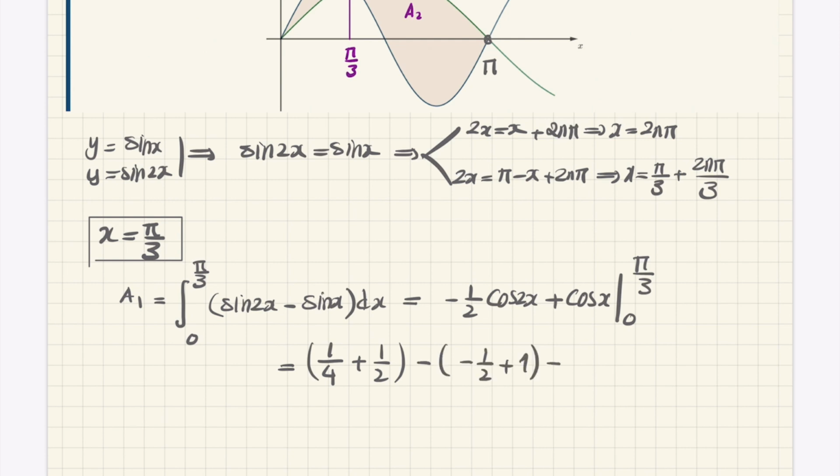So don't worry about this, just patiently put this number here, put this number there, and subtract them. So what happens is 3 over 4, and then I have minus 1/2. So it becomes 1/4. So this is area 1.